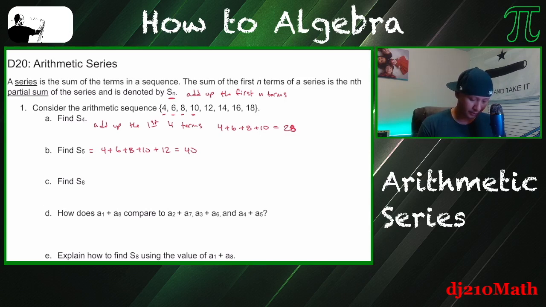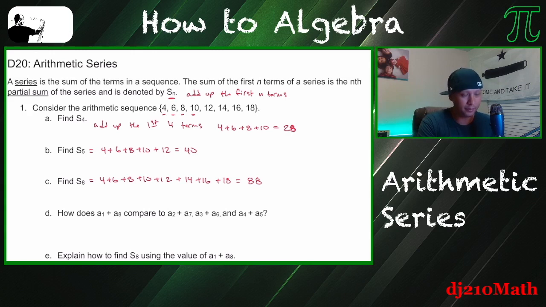And then the first 8 terms, feel free to work ahead: 4 plus 6 plus 8 plus 10 plus 12 plus 14 plus 16 plus 18. So it's going to be 40 plus 14, so 54, 64, 70, 88. There are only 8 terms, but if you add up the first 8, you would get 88.